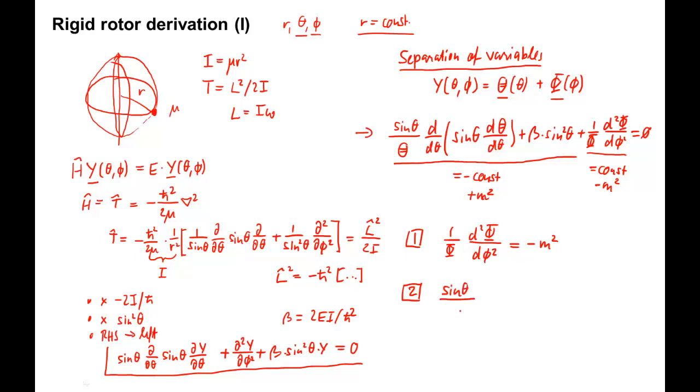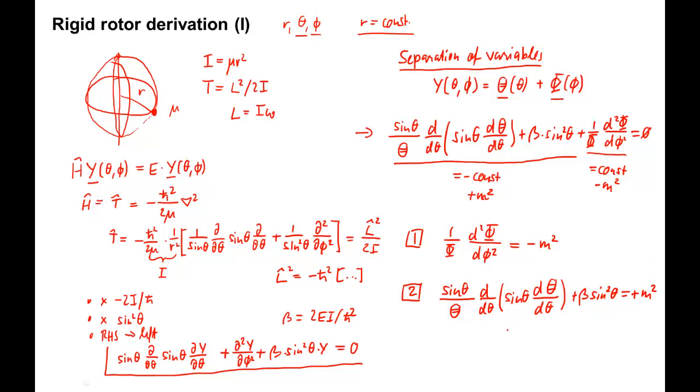Sine theta divided by uppercase Theta times d d theta operating on sine theta d uppercase Theta d theta plus beta times sine squared theta equals plus m squared. We are going to solve these two equations separately.